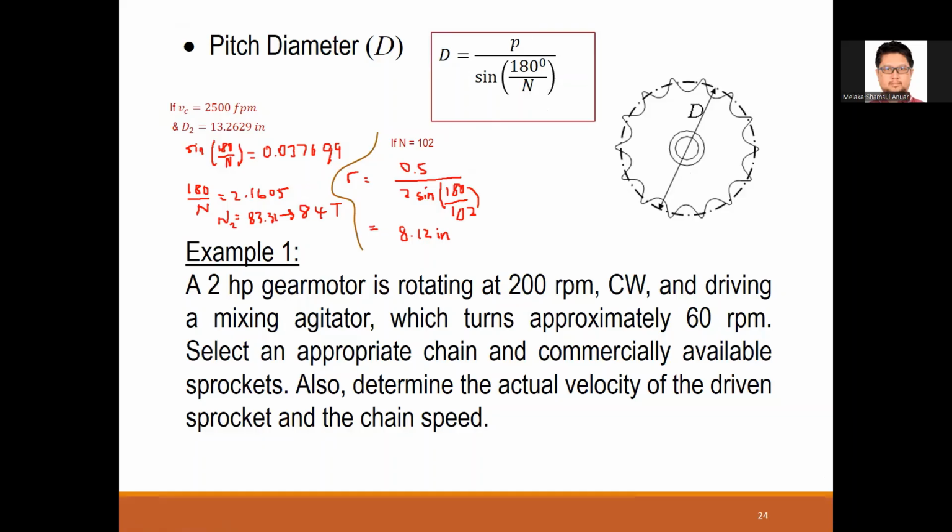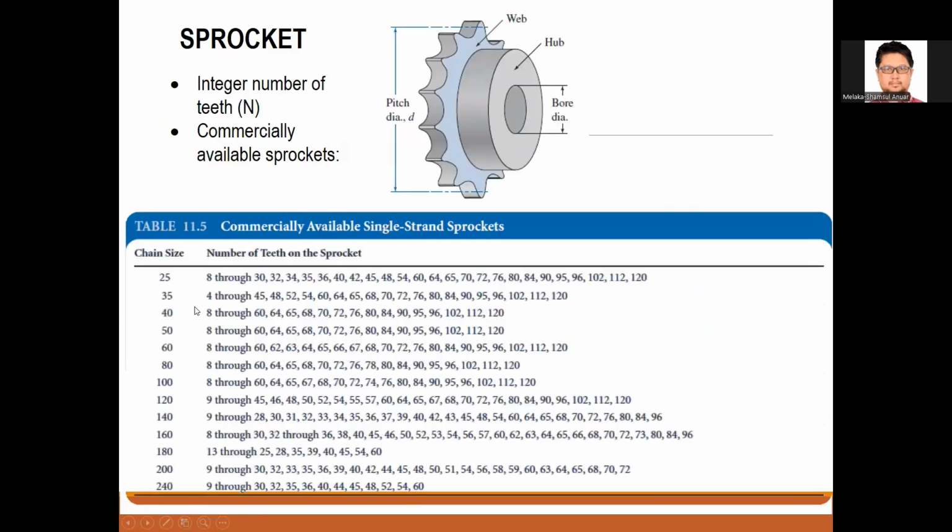Let me try that. Like 80 here. If I use chain number 80, that means the pitch is 1 inch, and the number of teeth is 80.